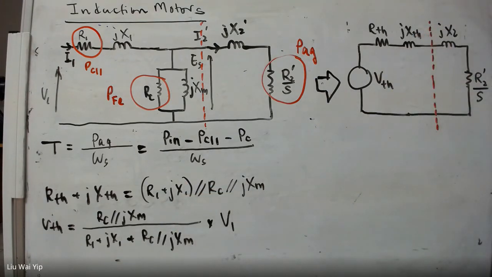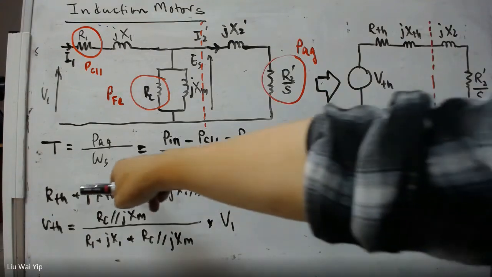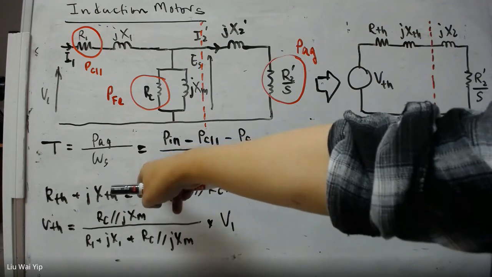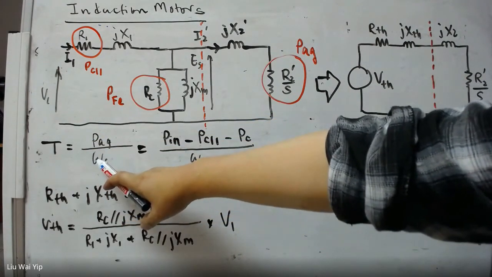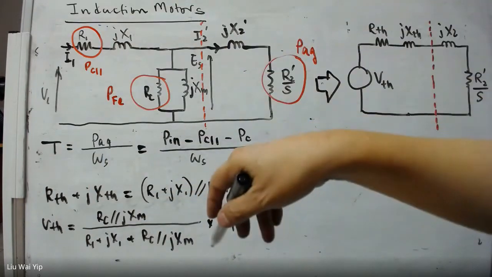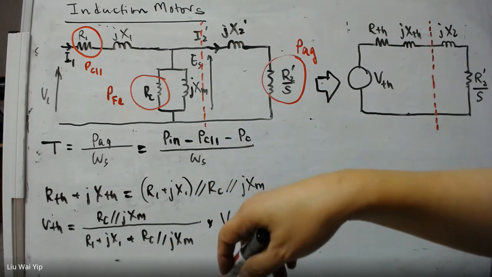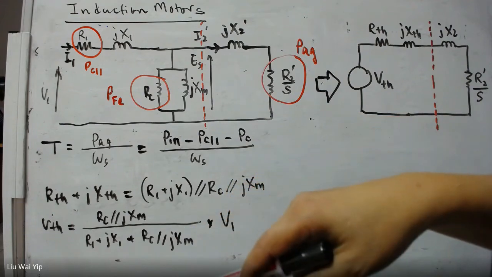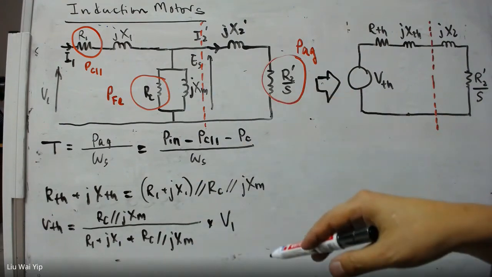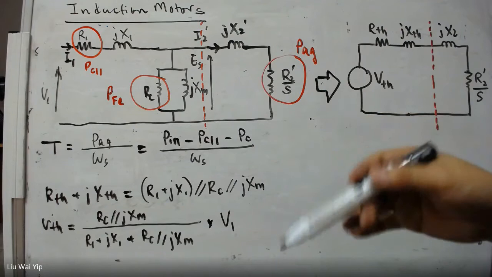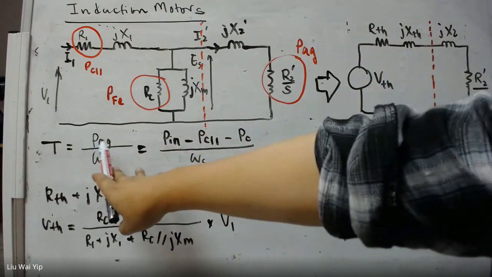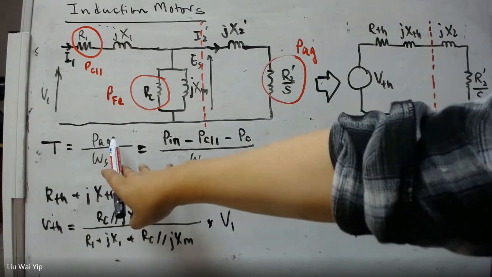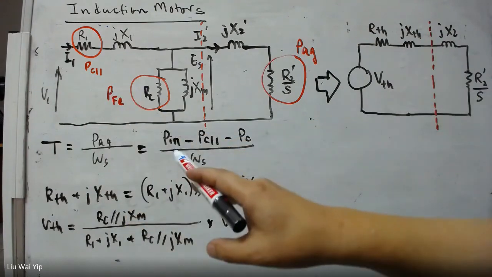Now the point is, how do we know the maximum torque? We have already got these relations for the torque, and from here, the angular velocity of the rotating magnetic field is not going to change. It is independent of the slip. So in this case, the only thing that is variable is the air gap power.